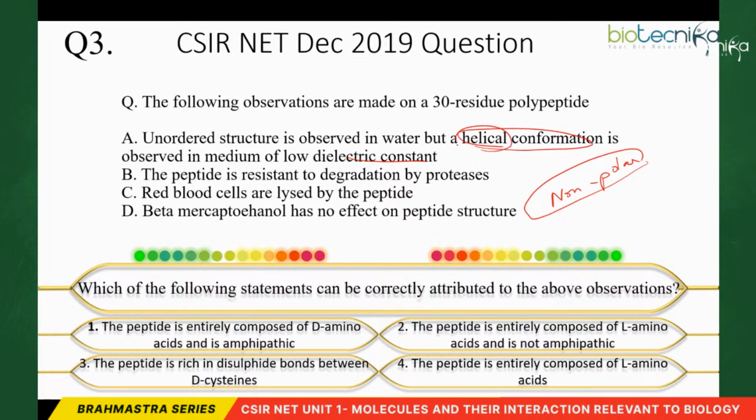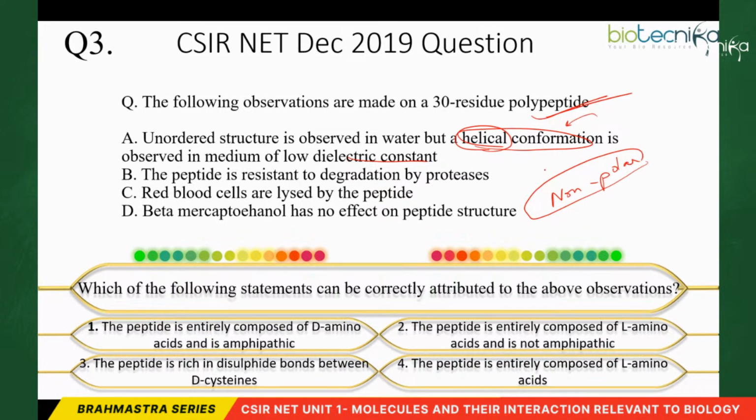So a helical structure means some groups it would be hiding inside, some groups it would be exposing outside, which means this protein would definitely have both polar and non-polar groups. If you don't have the two kinds of group, then it won't be able to give an ordered, stable structure in any environment, be it polar or non-polar.